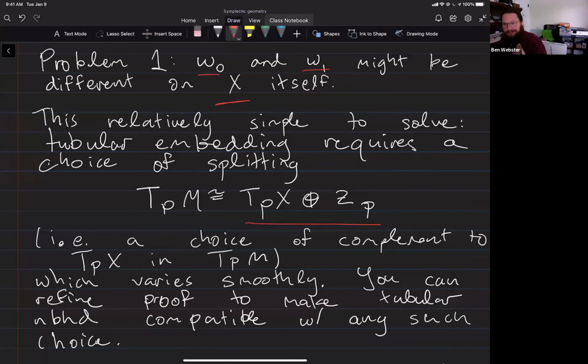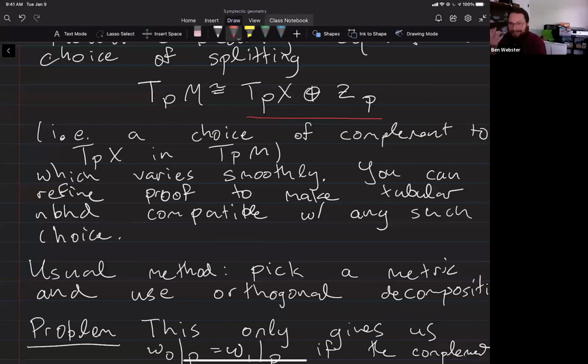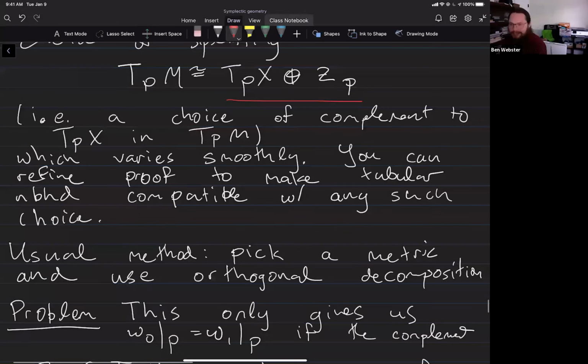The thing that I think Cannas da Silva should have done, but she gets around in a slightly different way, is you have to choose the right split. I have to do it in a way that varies smoothly, so I need it to actually be a sub-bundle. And I will just ask you to accept, I don't think it's hard, but you have to make some noises about the inverse function theorem, that you can make the tubular neighborhood theorem work with any splitting that you choose.